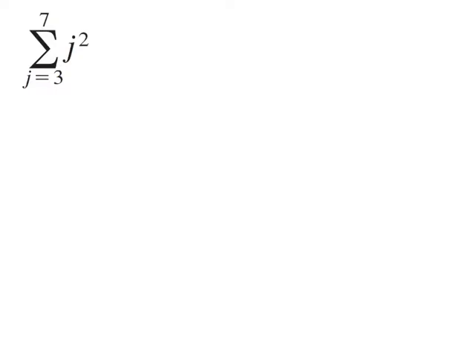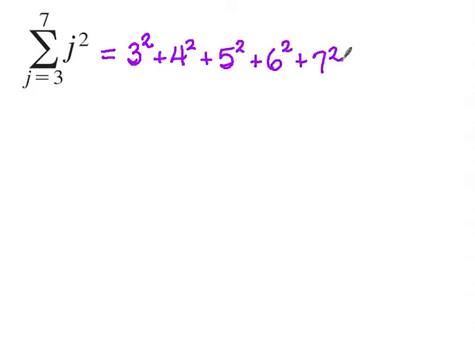Alrighty, let's look at this one. This is the sum of j squared from j equals 3 to 7. Basically, you're just going to do 3 squared plus 4 squared plus 5 squared plus 6 squared plus 7 squared.